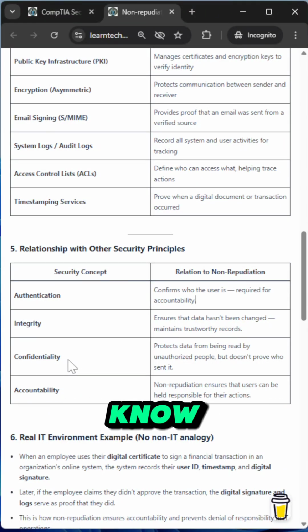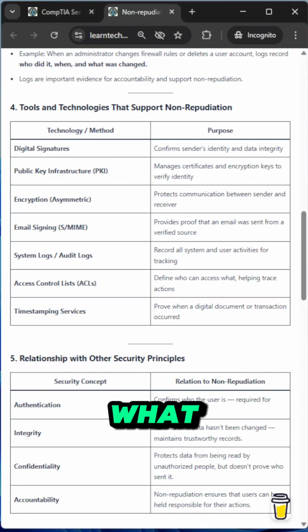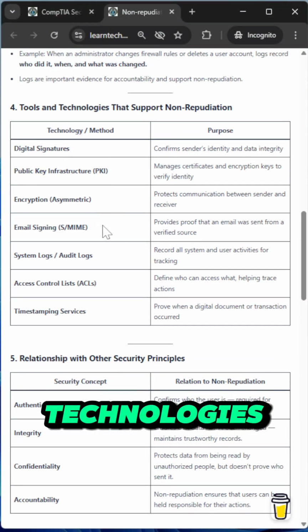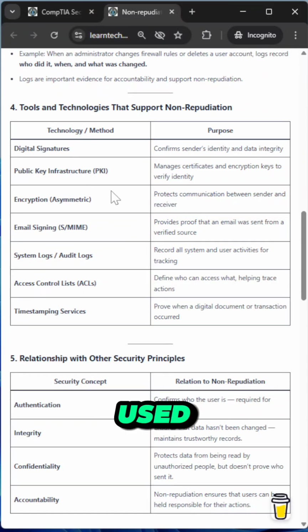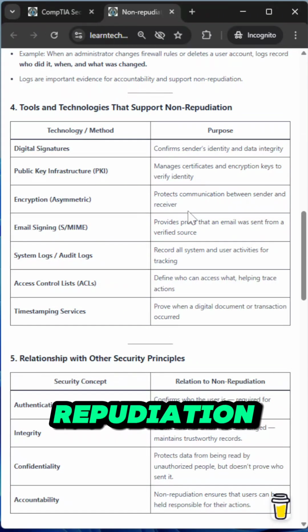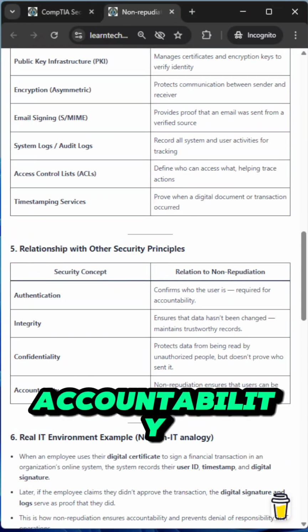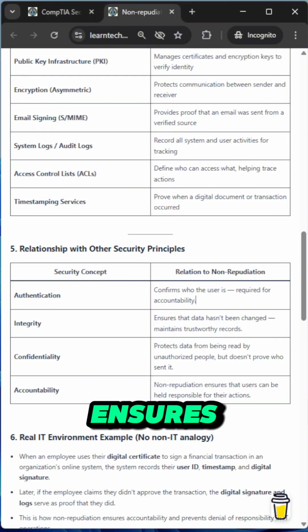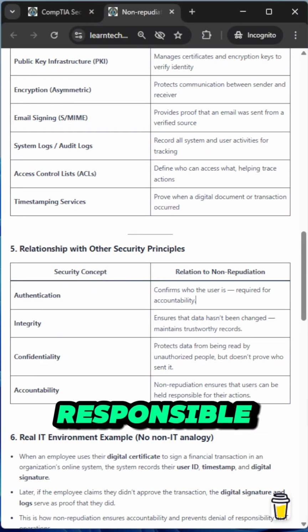You don't have to know too much detail. You just need to know what non-repudiation is and what technologies are used behind the concept. Accountability: non-repudiation ensures that users can be held responsible for their actions.